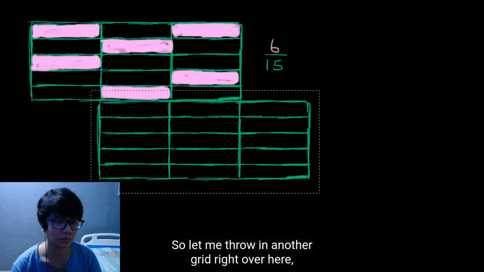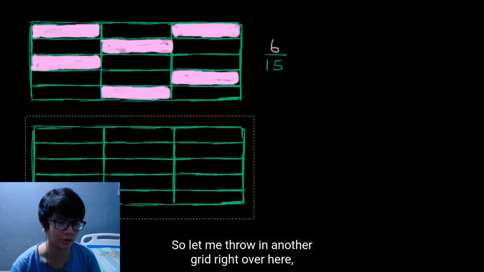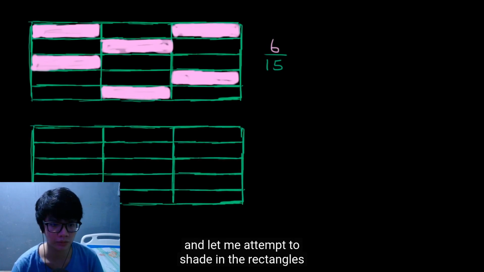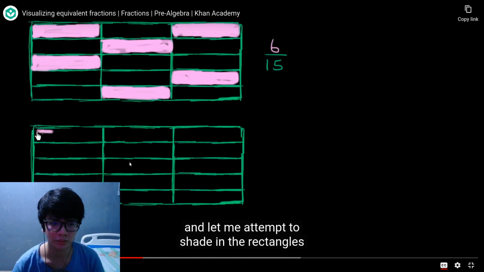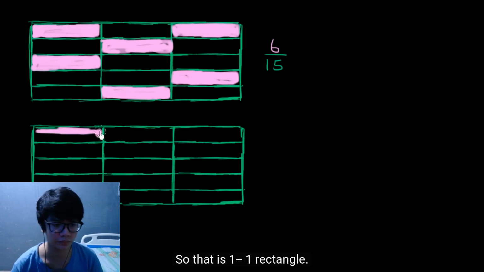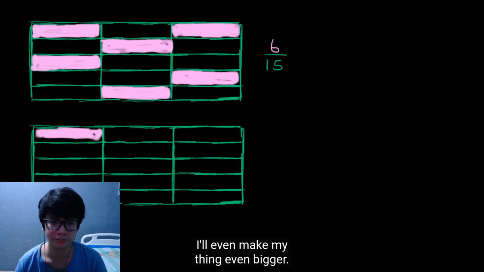So let me throw in another grid right over here. And let me attempt to shade in the rectangles as fast as possible. So that is one rectangle. I can make my thing even bigger.